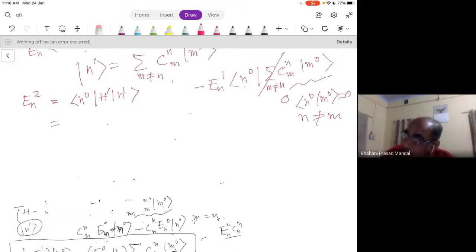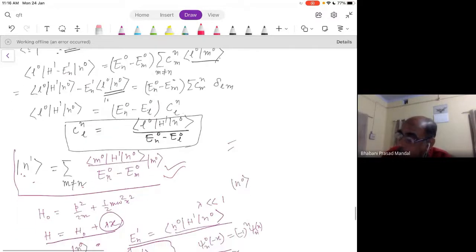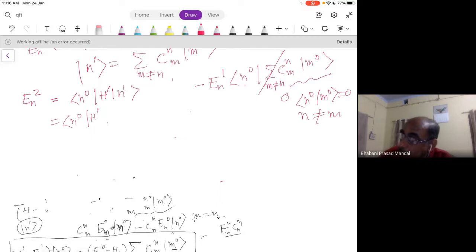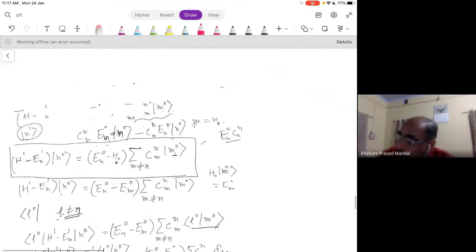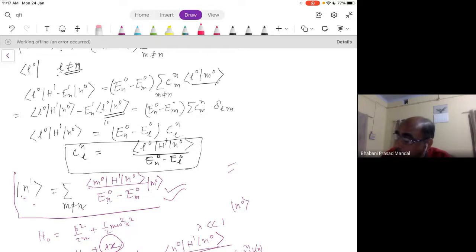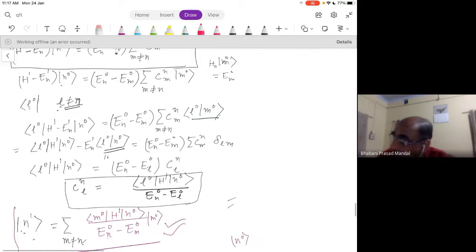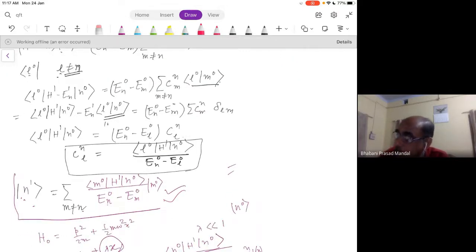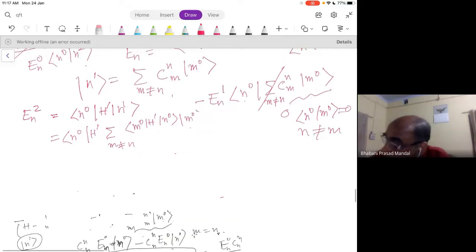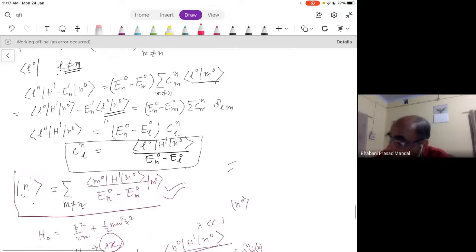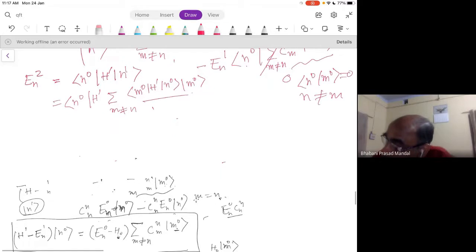So this is now your n0, then H prime, then I'll write my n1. n1 is the sum over m not equal to n of m0 H prime n0, and then there is the state m0, and this denominator, let me check, En0 minus Em0.